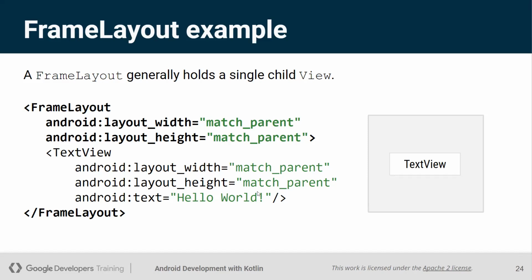Likewise, we can define our text view according to our specifications. The width and the height we can define using layout width and layout height. There are three main options basically: wrap content, match parent, and we can give fixed values for the width and height.